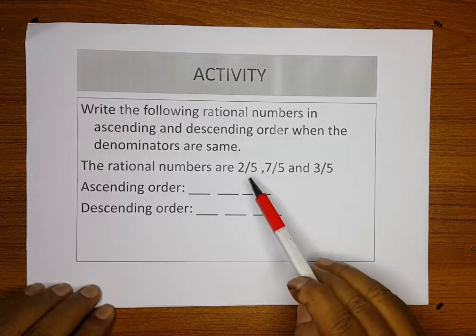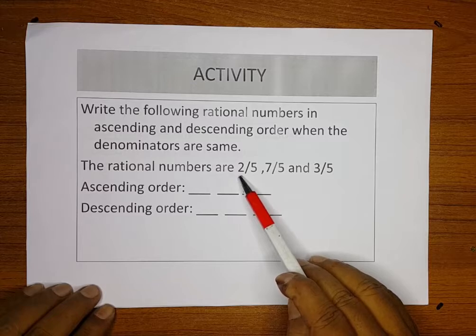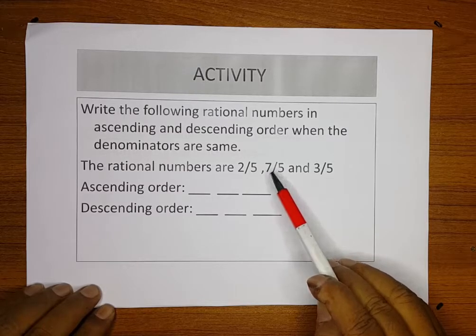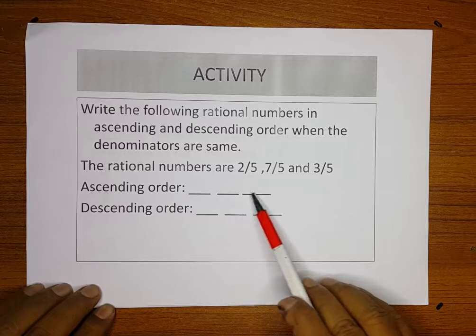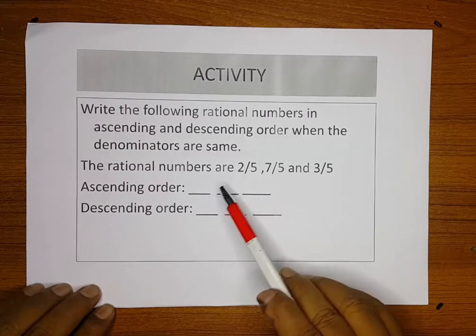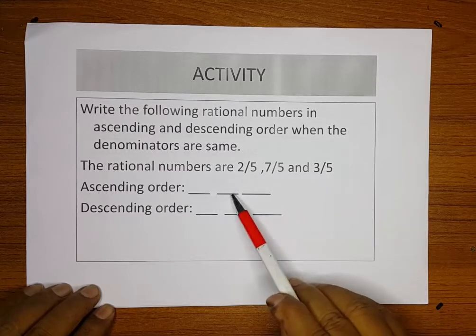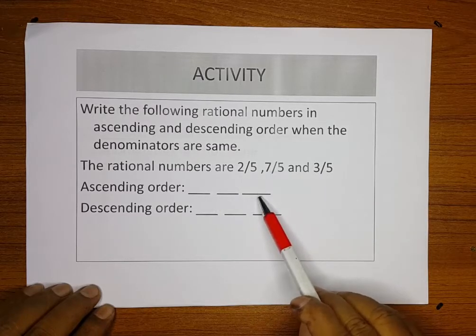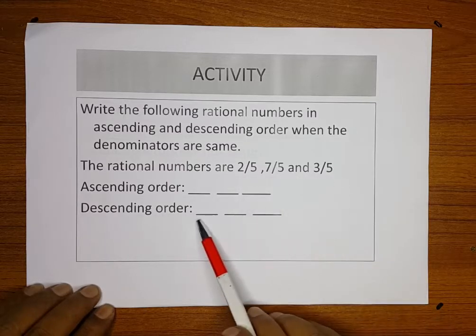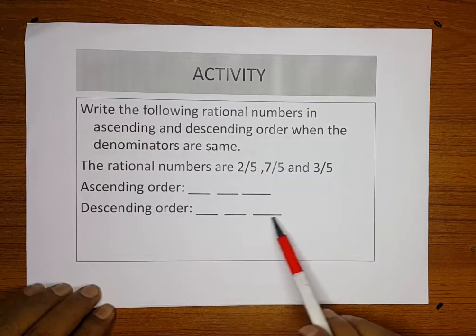And the rule is, if the numerator is smaller, then the rational number is also smaller, and if the numerator is greater, then the rational number is greater. So in this way you can arrange ascending order, smaller to bigger: first 2 upon 5, then 3 upon 5, and then 7 upon 5. In the same way, for descending order, you will put these rational numbers bigger to smaller.